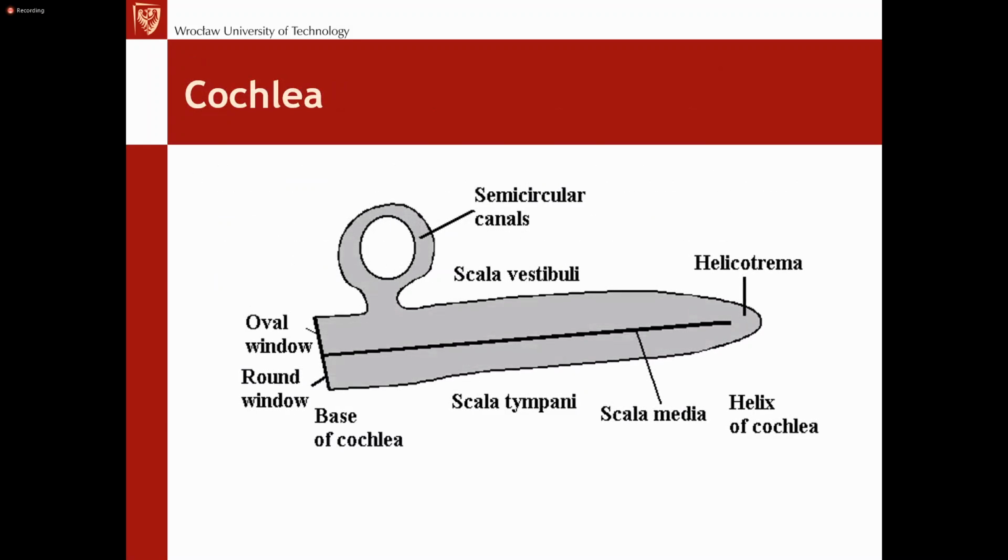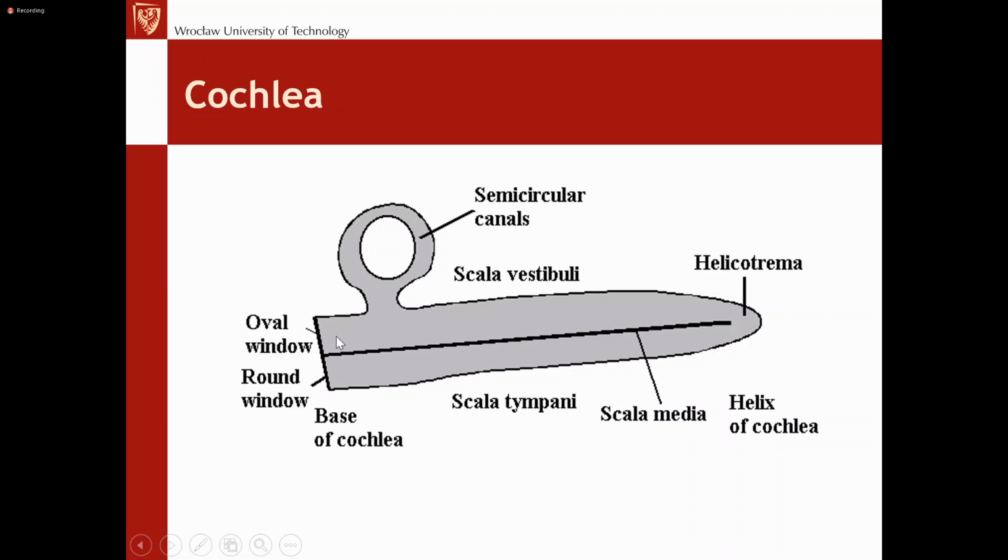And this cochlea can be presented as a kind of rolled-up shape, and we can see the oval window, and on this oval window there is the base of the stapes, and the round window, which vibrates in antiphase in reference to the oval window, because we have a gap at the top of the cochlea.